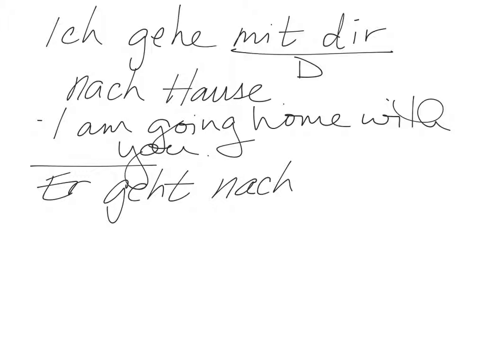Spiel. Gut. Masculine, feminine, or plural? Neuter. It's neuter. Okay, so das Spiel. So what are we going to do? What comes next? Dem. Why? Nach made it dative. You got it. Nach dem Spiel.